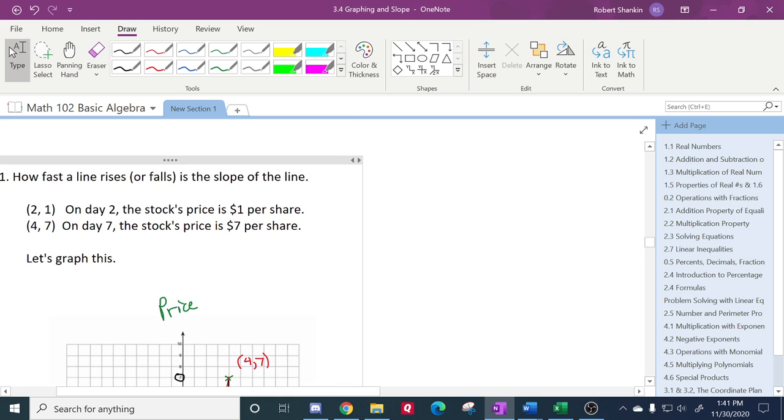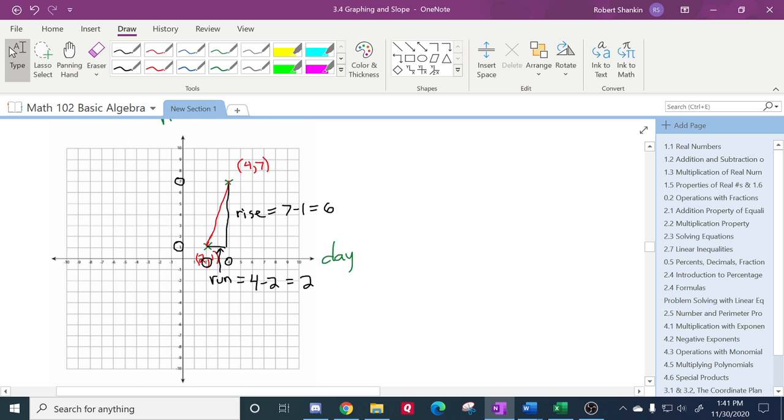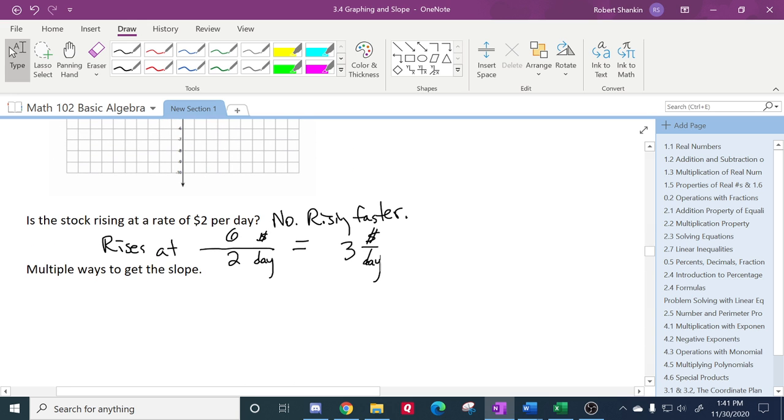Now, how fast a line rises or falls is also the slope of the line. So that's what we're going to call the slope. How fast is it going up? And if it's going down, it would be a negative number. All right. So we're going to look at multiple ways to get the slope.